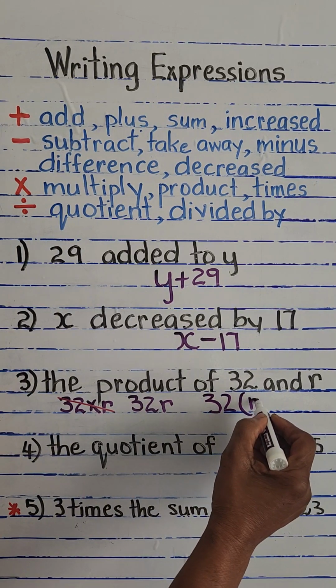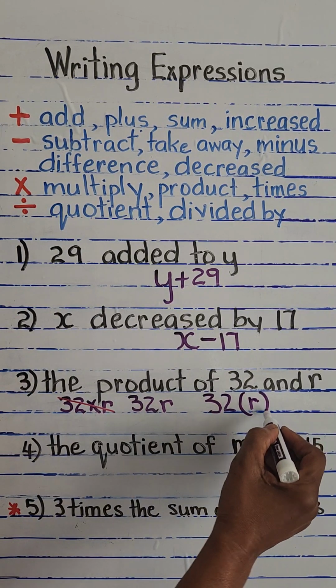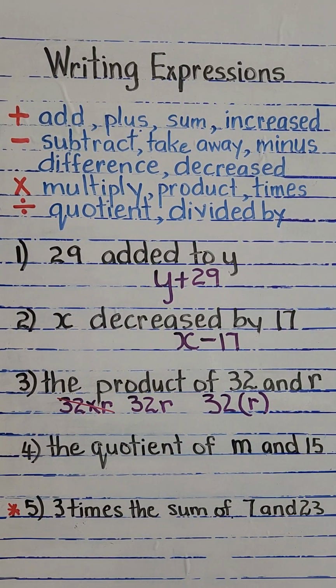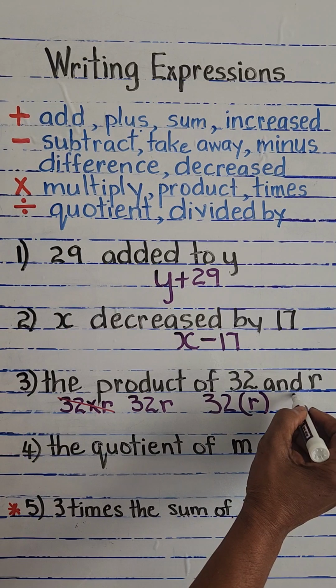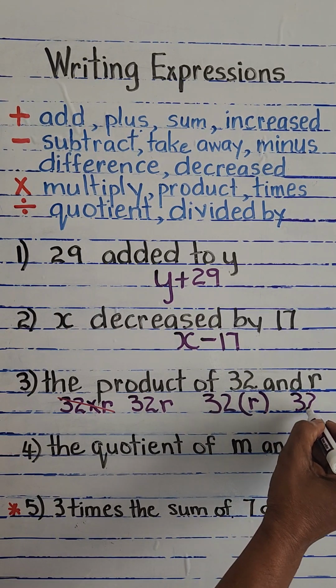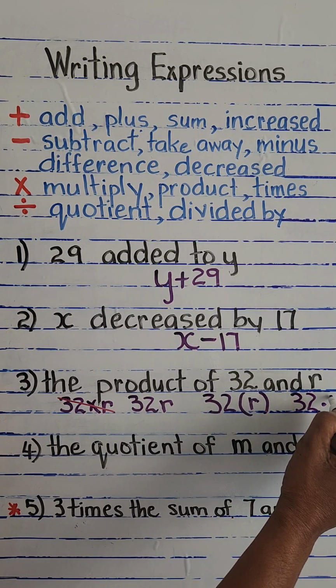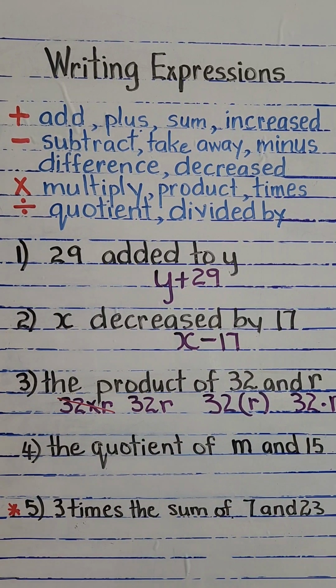So we could also have it written like that. And one more option is to use a dot: 32, put a dot, r. Those are the possible ways we could write that, and we would never go wrong.